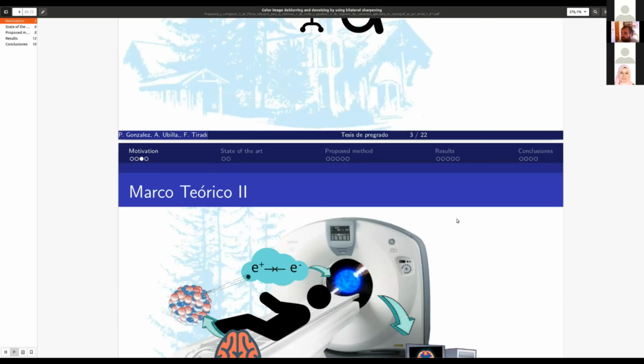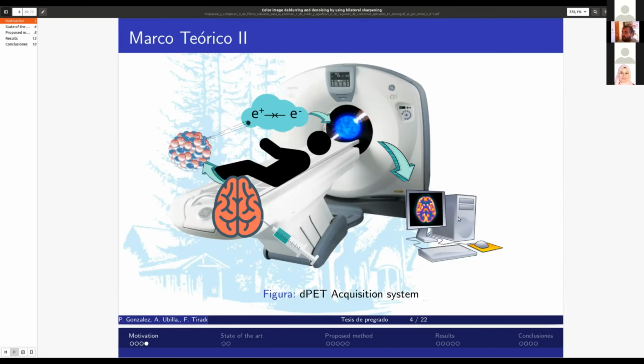Okay. So the PET acquisition system works with a positron and an electron interacting with the matter and producing two gamma rays.